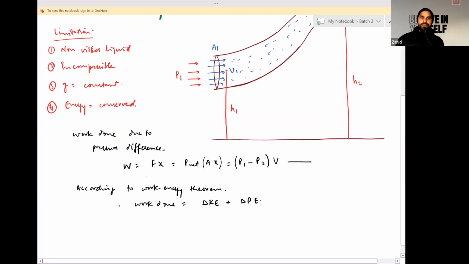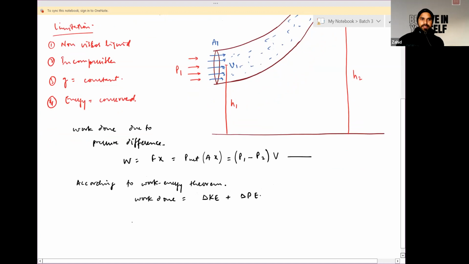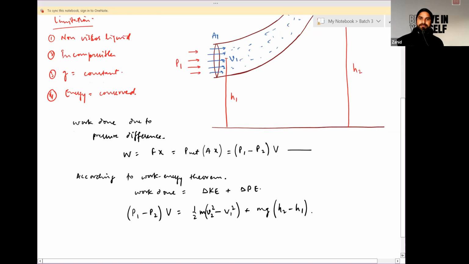Now put the value of each term. Work done is P1 minus P2 times volume. Change in kinetic energy is half m v2 square minus half m v1 square. Potential energy is mgh, so it will be h2 minus h1. Atif, is it clear till this part? Sir, can you explain again?